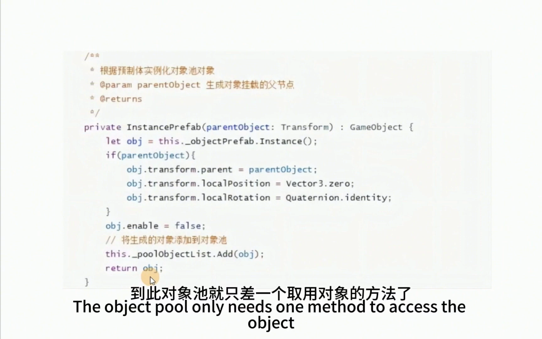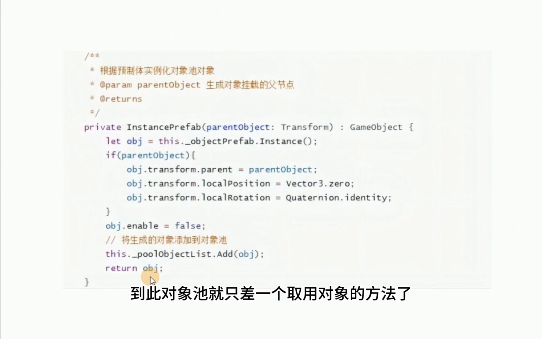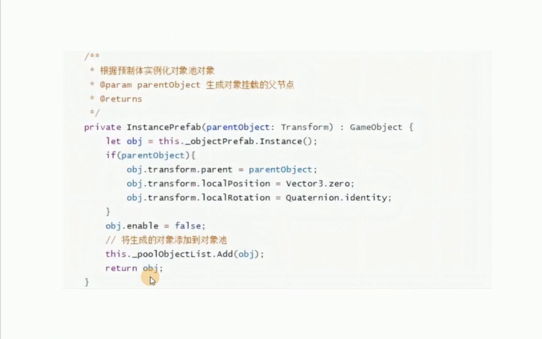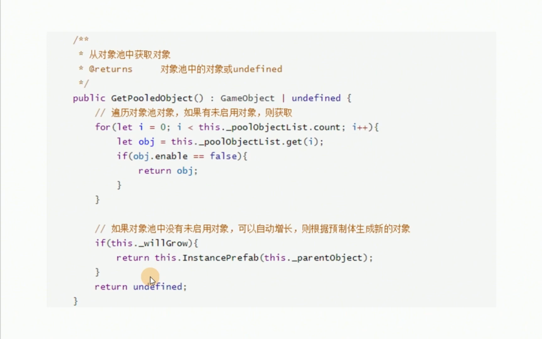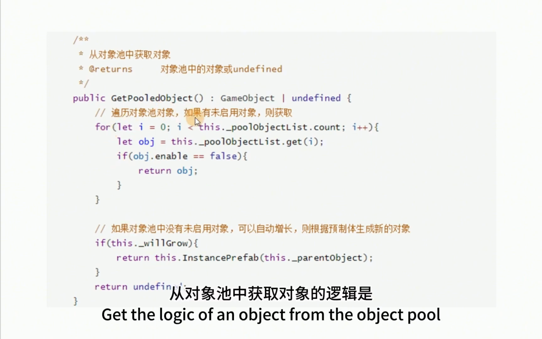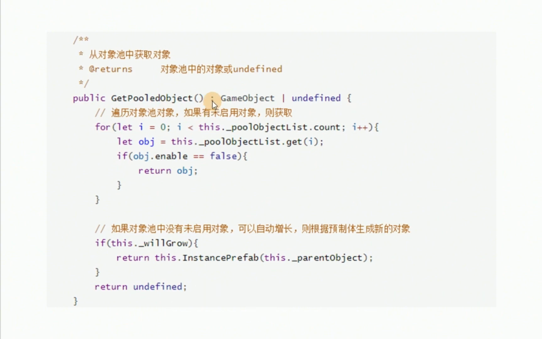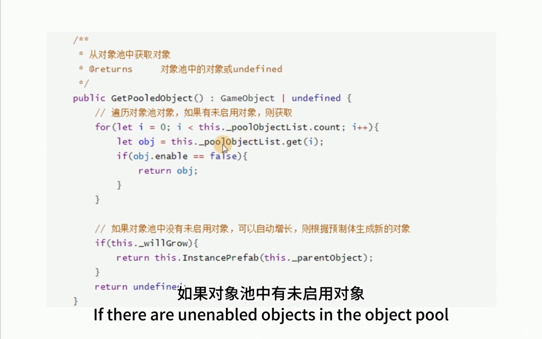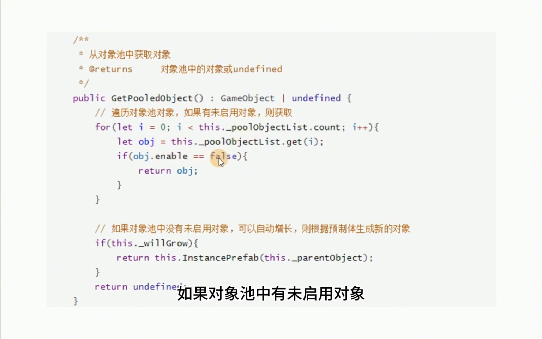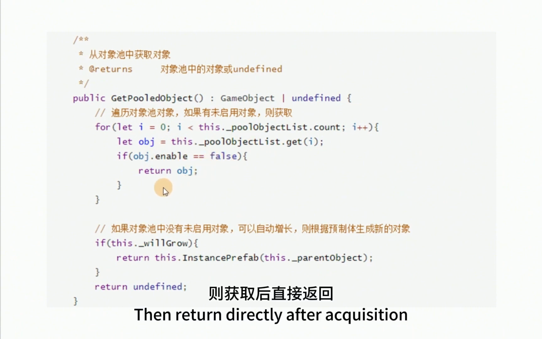So far, the object pool only needs one method to access the object. The logic of getting an object from the object pool is to traverse the pool objects. If there are unenabled objects in the object pool, then return directly after acquisition.